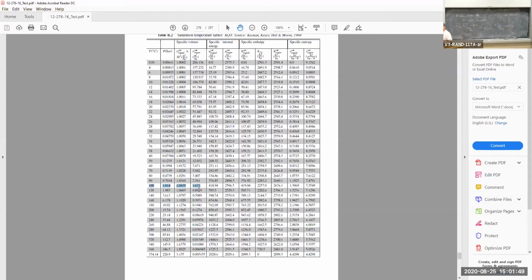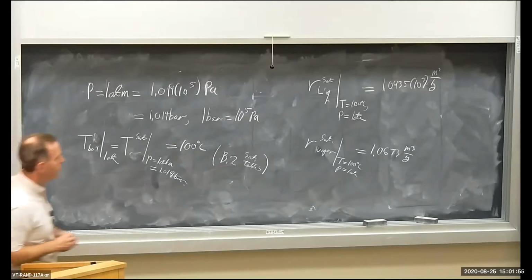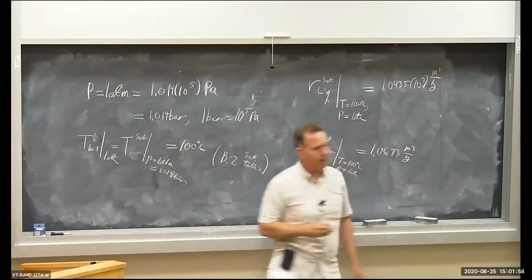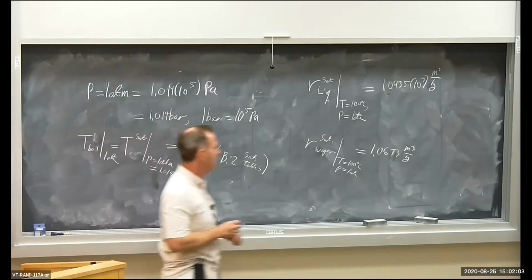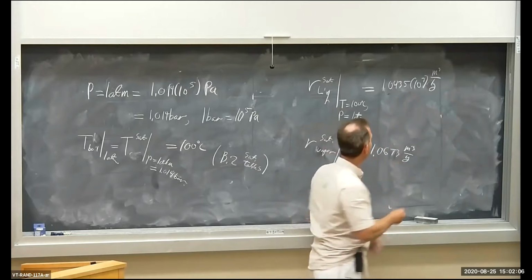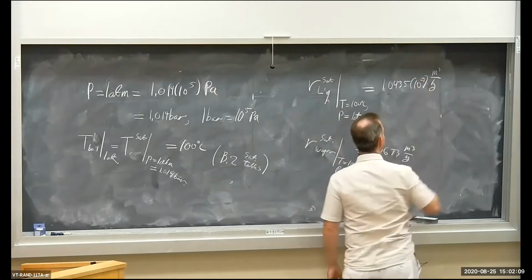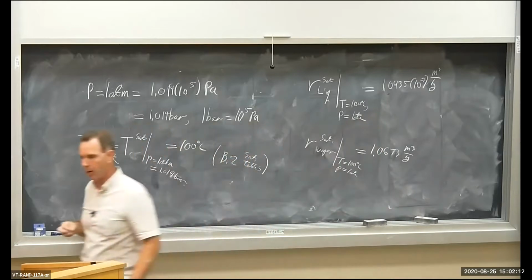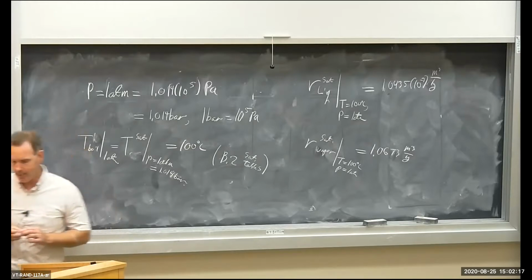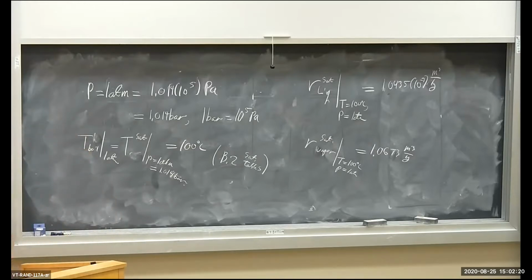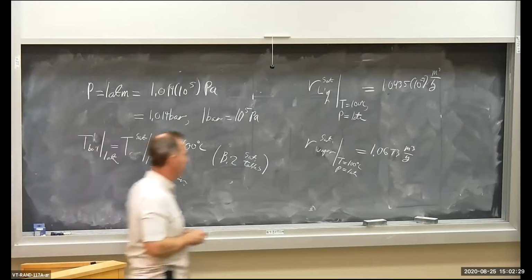So that's specific volume for the saturated liquid and vapor: 1.0435 times 10 to the minus 3, and 1.0673, no 10 to the minus 3, cubic meters per kilogram. So that's how you use these tables. Quite nifty. We'll do an example involving these tables here soon. Let's finish this off here, and then we'll do an example next time involving this stuff.